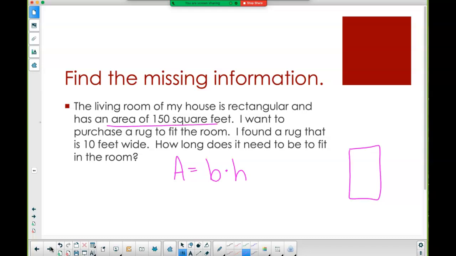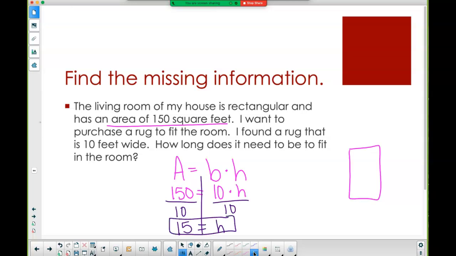Okay, so it has an area of 150. It really doesn't matter if I put the 10 in for the base or the height. Okay, I'm going to put it as base. How do I solve that? Divide by 10. I'm going to draw my line. I'm going to divide each side by 10. H equals 15. There's our answer.